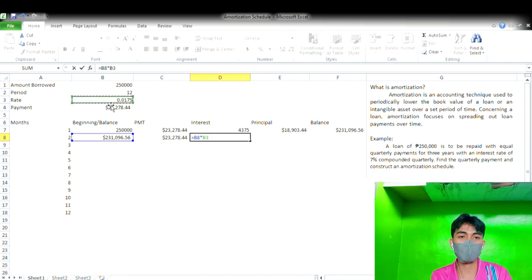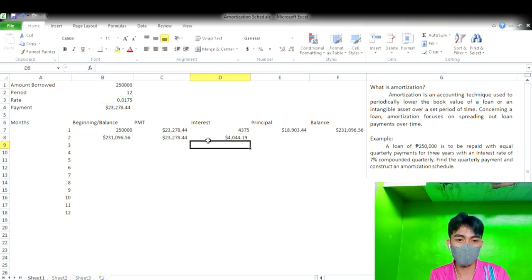Instead of solving manually, we can drag this later on so that Excel will solve the remaining values. Let us put a dollar sign before and after the letter. Alright, so our interest now is 4,044.19 pesos.